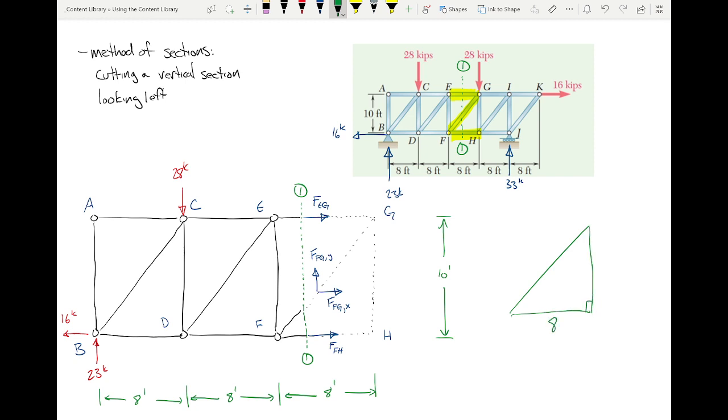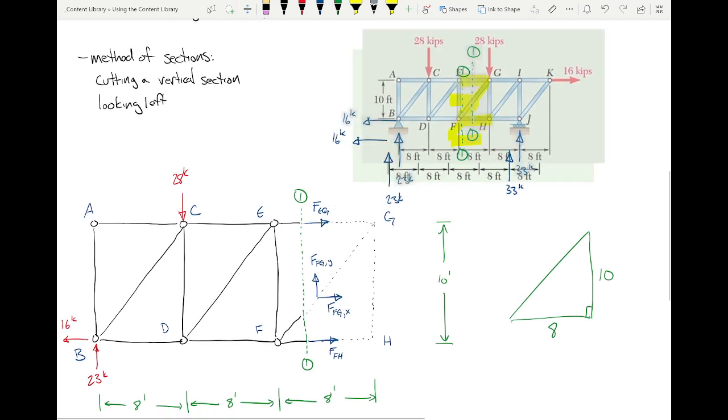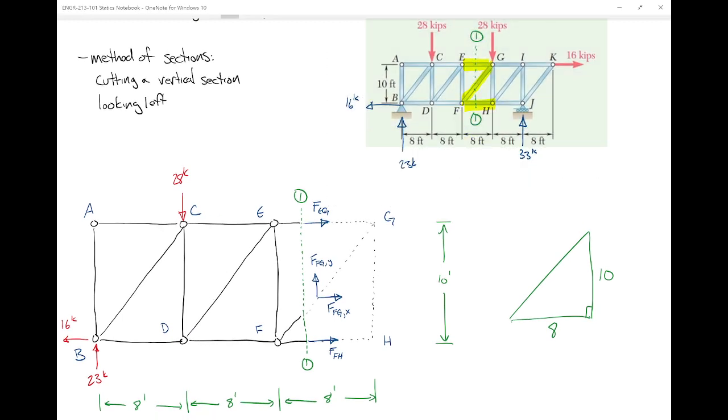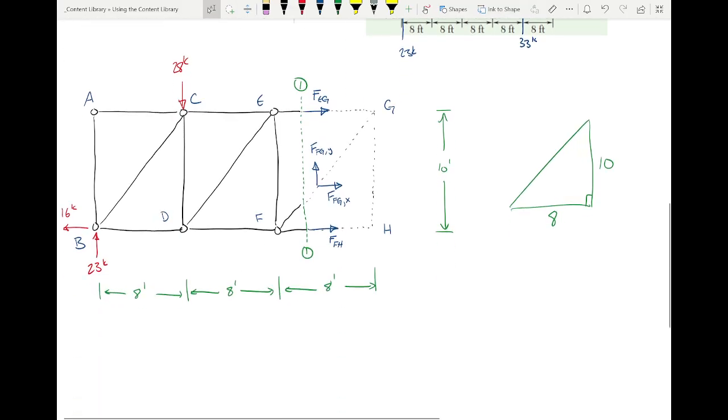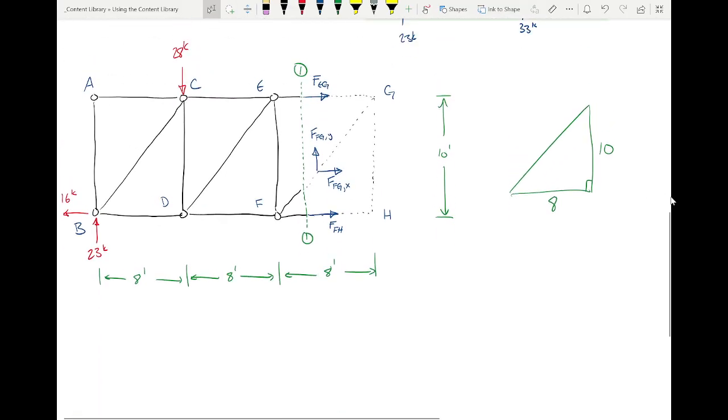That's a little better. All right, an 8 to 10 slope ratio. Okay, does this make sense, what I'm doing here? Hopefully this isn't that complicated. Let me move this up a little because I want to have some room here.